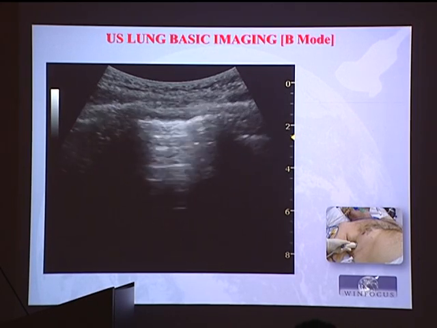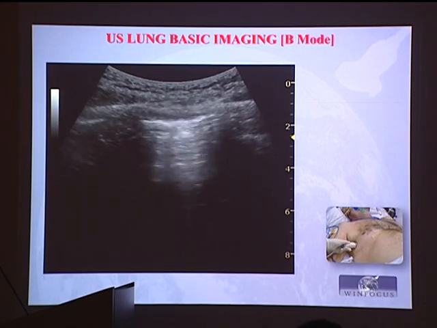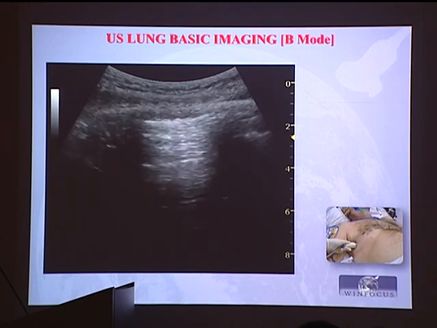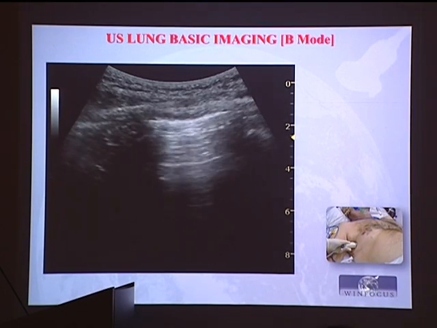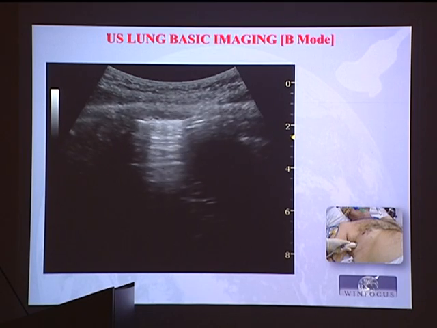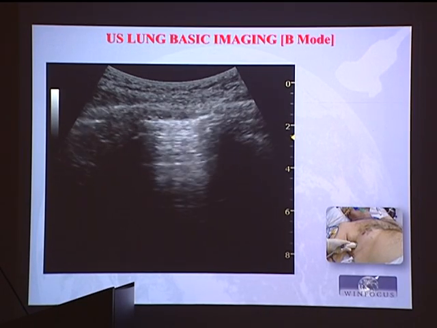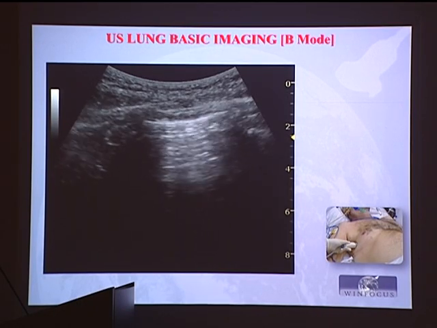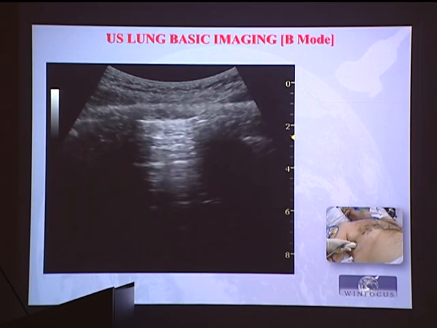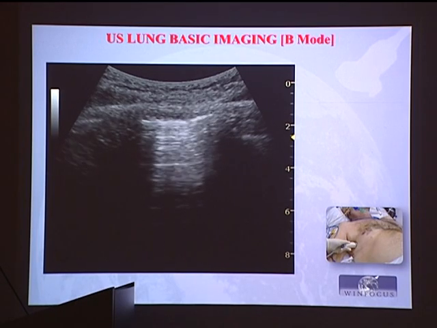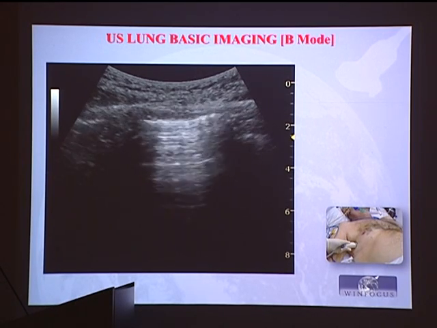All of this is appropriate, is an indication for using lung ultrasound. Once you have the indication, you start generating and acquiring the image. So the first target of yours is to acquire a quality image, an image of good quality.